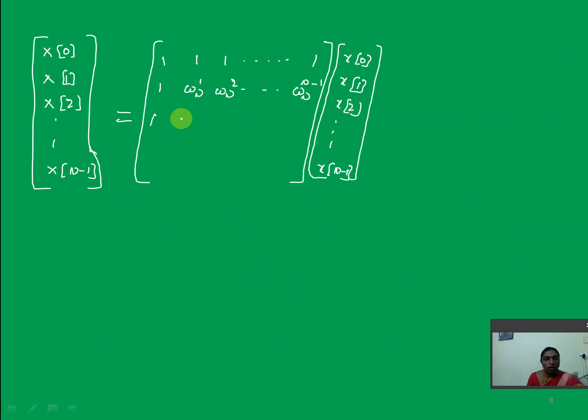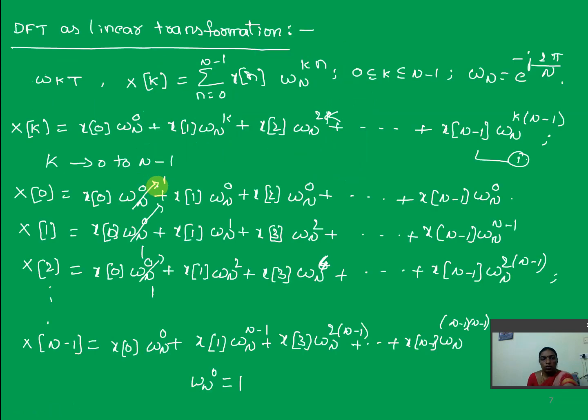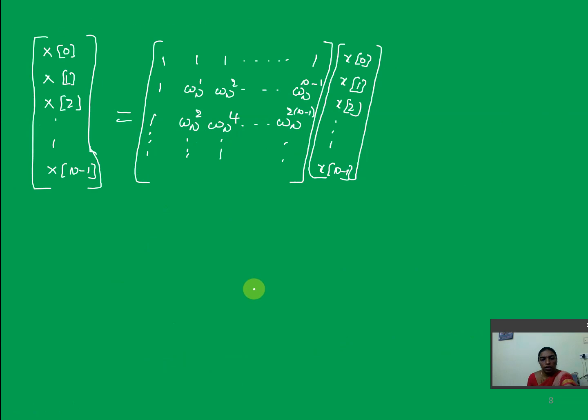Similarly, the last row: 1, W_N power N minus 1, W_N power 2 into N minus 1 and so on, W_N power N minus 1 into N minus 1. In this way we can represent the DFT.